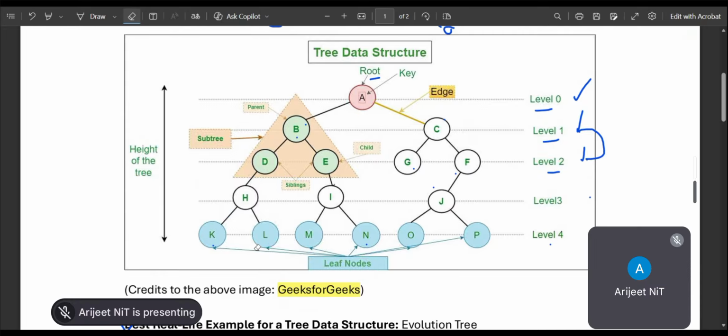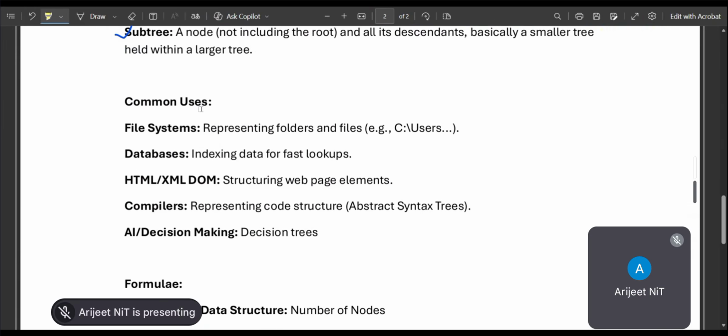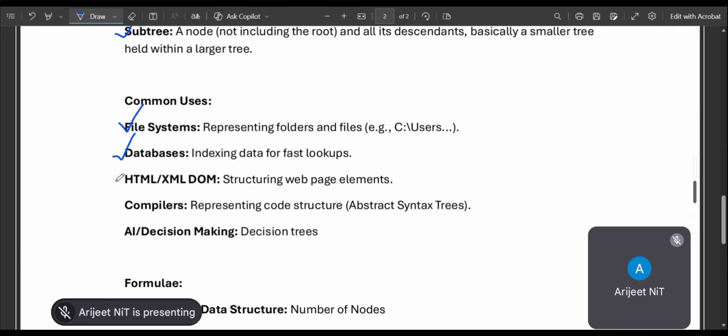I hope that has cleared all your doubts regarding the tree data structure. Now, let's move on to some common uses of tree data structures. Tree data structures are used within file systems, databases, HTML, XML DOM, compilers, and AI decision making. Within file systems, it is used for representing folders and files.